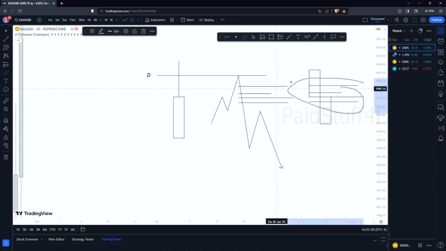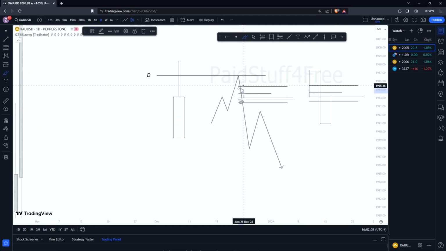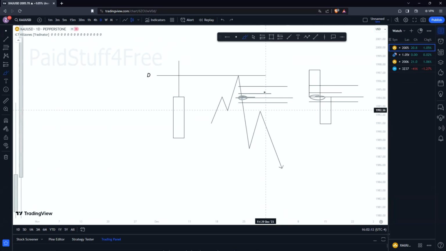Which one is aligning with this daily level? Is it this one, this one, this one, this one? It's basically this one, right? So price is gonna favor this level more than the others. So that's the second way to identify which level you want to sell from. Price goes there, you sell there, right?